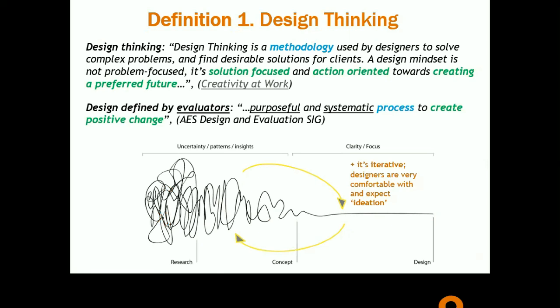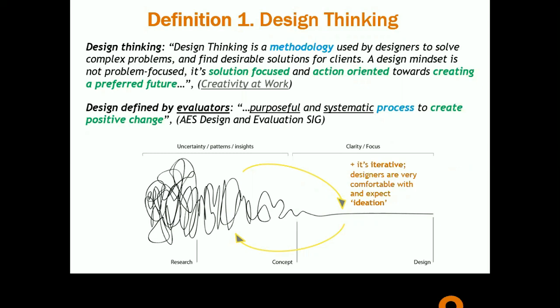Okay, so this is just going through some definitions. And the first thing that I wanted to recap on was the idea of design thinking. I've got a couple of definitions up there, and one of them comes from the design world, so people who are working as design professionals.